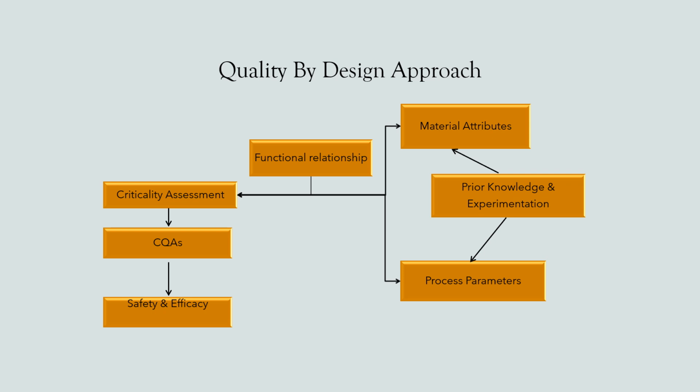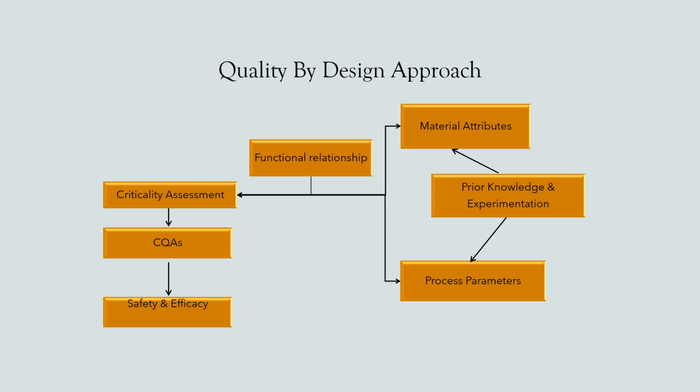Right, so as I said, quality by design is a systematic understanding of your product and your process, your product qualities and your manufacturing process. You need to evaluate, understand and refine your formulation and your manufacturing process.